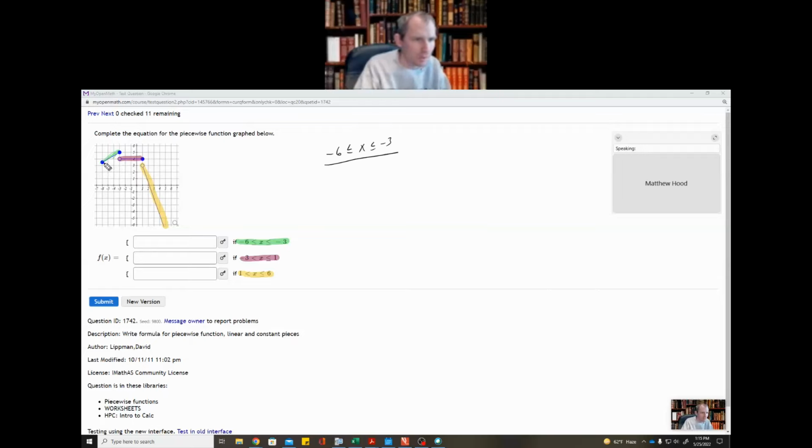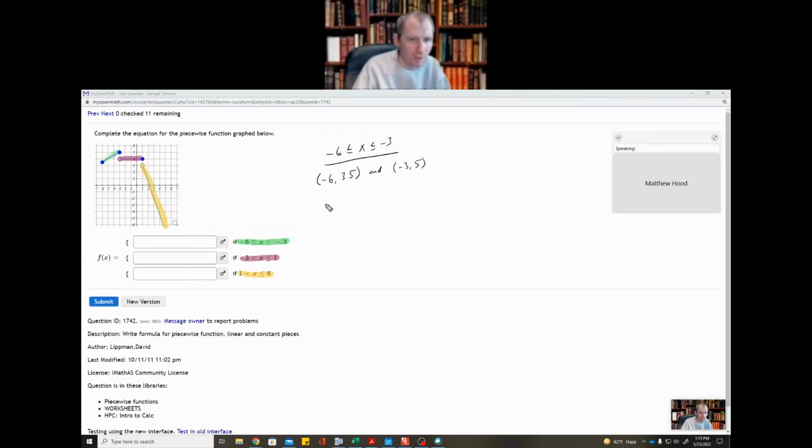to find the equation of a line, if I have 2 points, that's a good way to go. So I'm going to read 2 points off the graph. Here I have -6 and 3.5. For my second point, we have -3, 5.